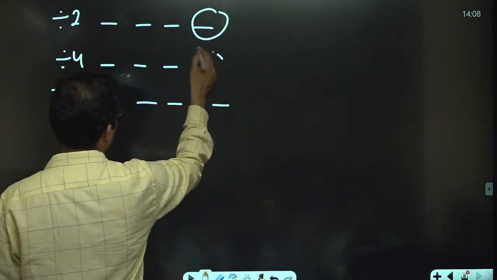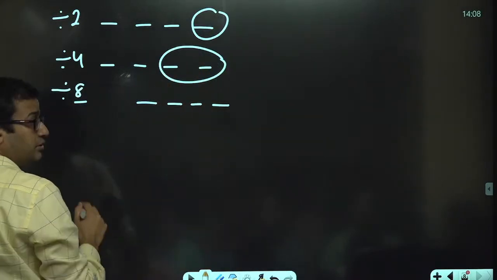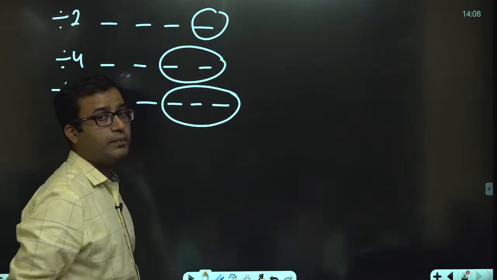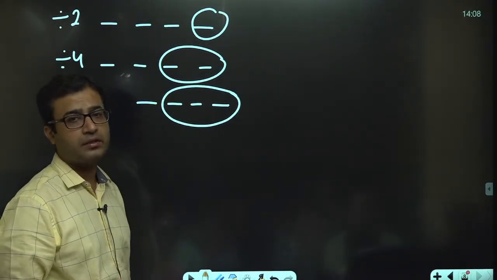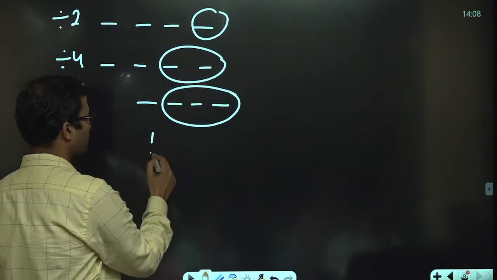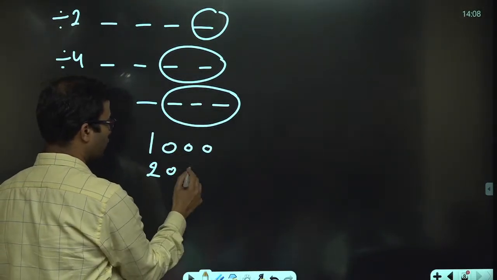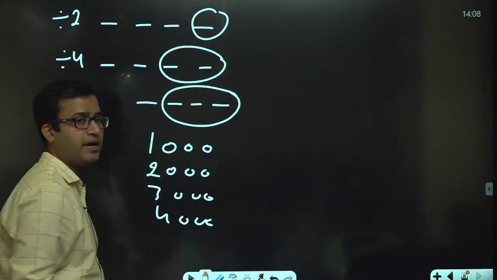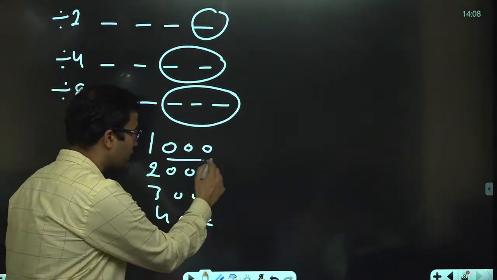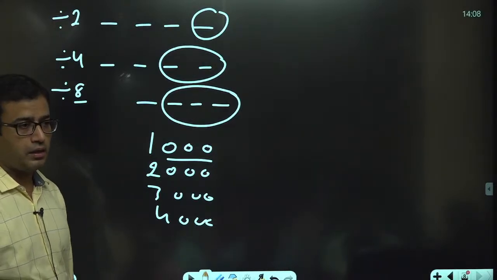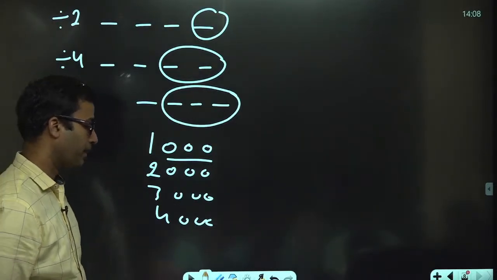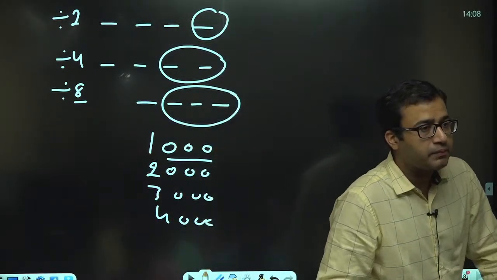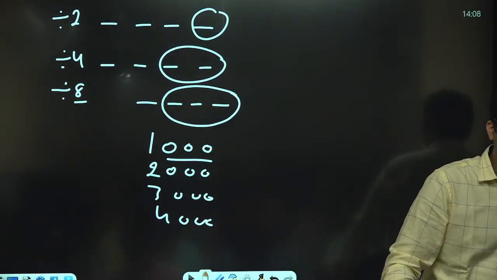For divisibility of 4, we check the last 2 digits. For divisibility of 8, we will check the last 3 digits, because 100 is not divisible by 8, but 1000, 2000, 3000, 4000, all of these are divisible by 8. So the last 3 digits we have to check. If the last 3 digits are divisible by 8, it means the complete number is divisible by 8.